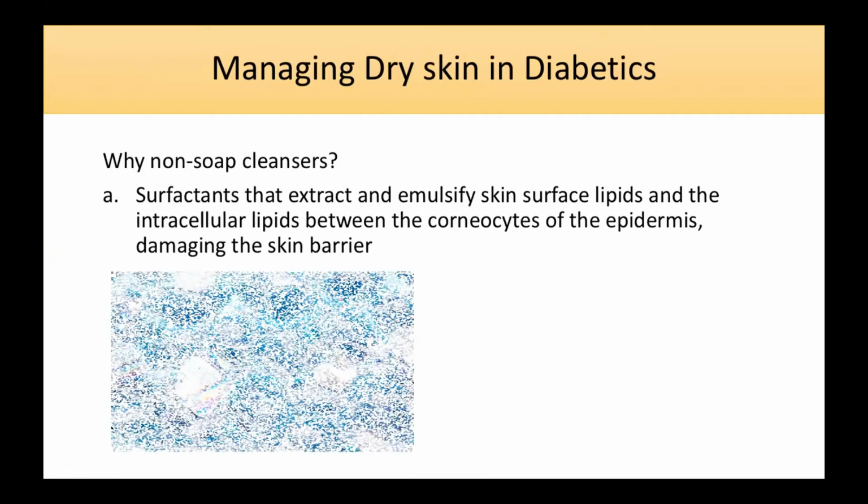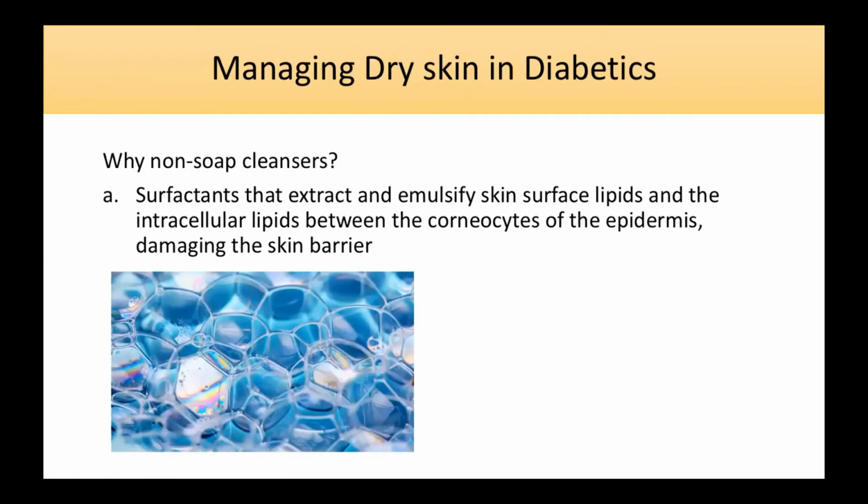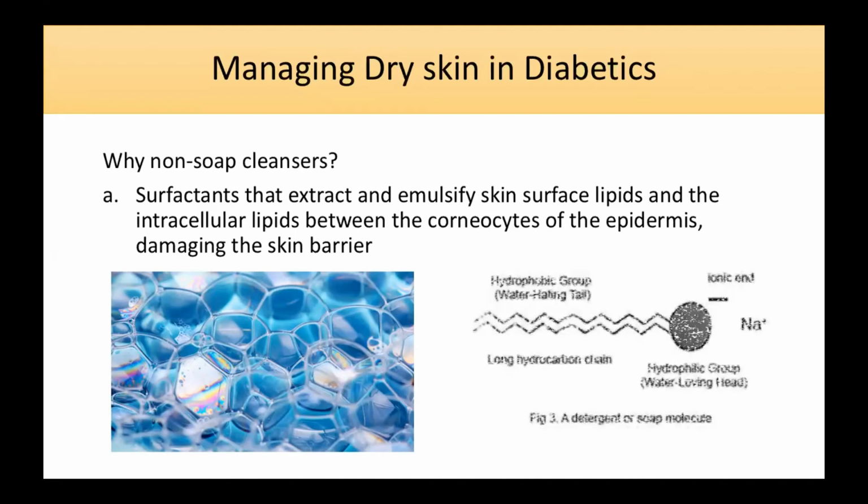If the surfactants extract your lipid out from your skin, and our skin has a few layers with many natural moisturizing factors in between the layers, then extracting that out causes a defective skin barrier function.